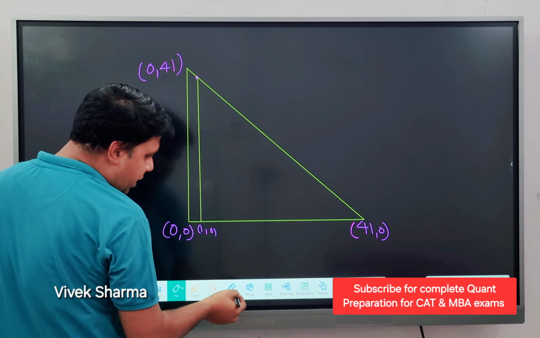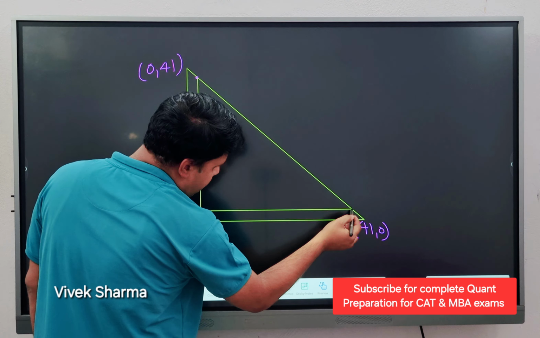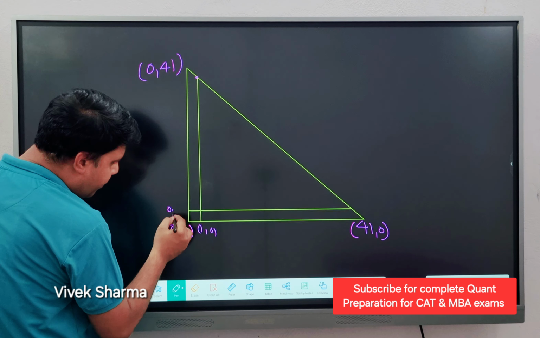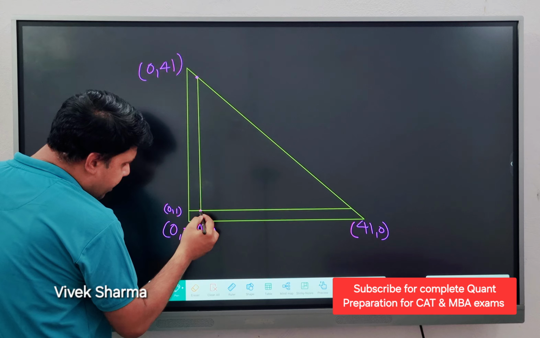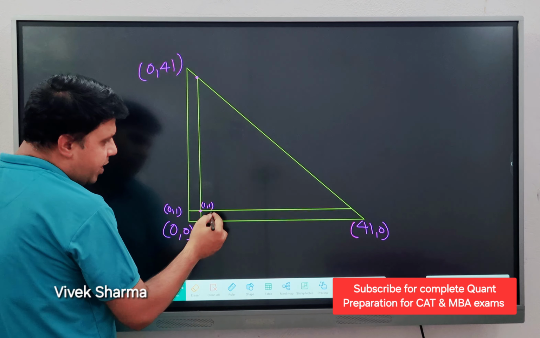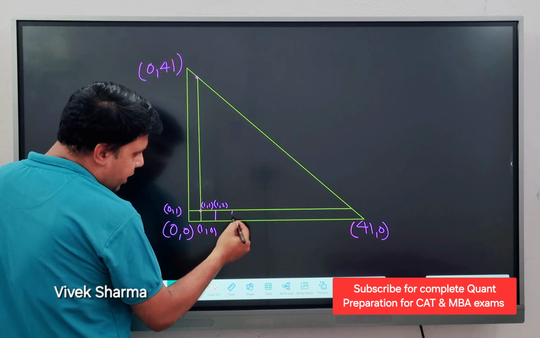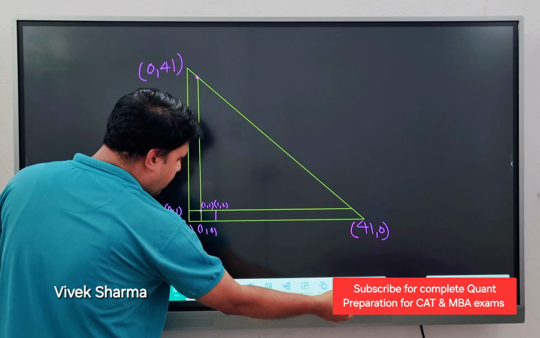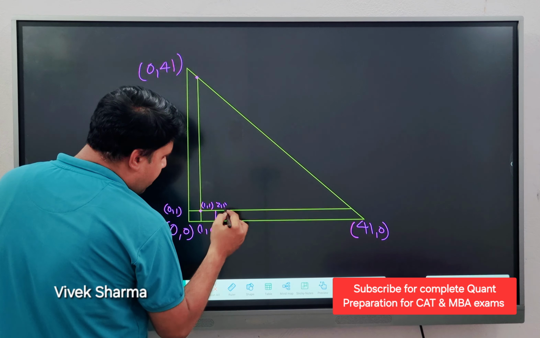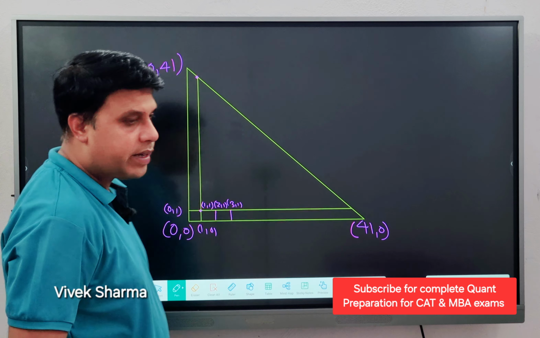Similarly, if I draw another line this way, this is (0, 1), so you get the point (1, 1). Then you might get (1, 2), (2, 1), (3, 1), and so on, and similarly you have to fill the triangle.